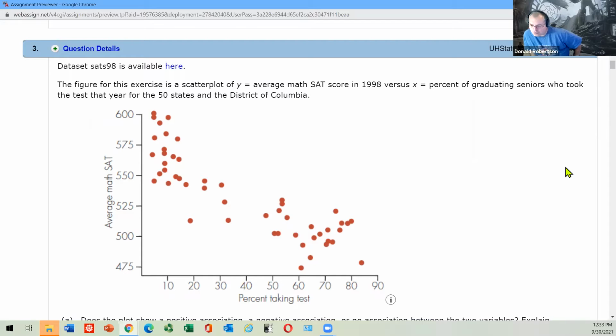Our brain is so good, it's hardwired at looking for patterns, which means sometimes it sees patterns that aren't really there. But it fills in the gaps intuitively. So your brain is really dangerous. We later on will discover that there's a number that you can calculate. That number, called the correlation coefficient, will tell you how linear your data is.